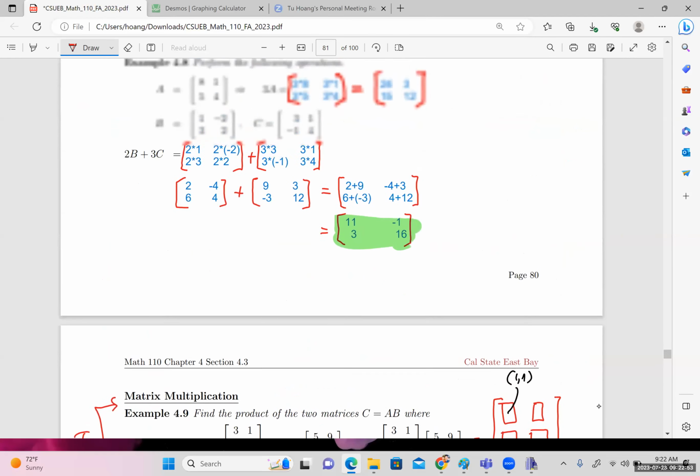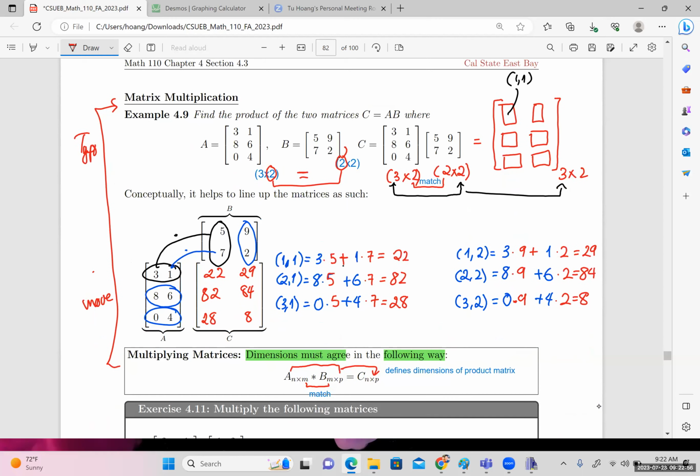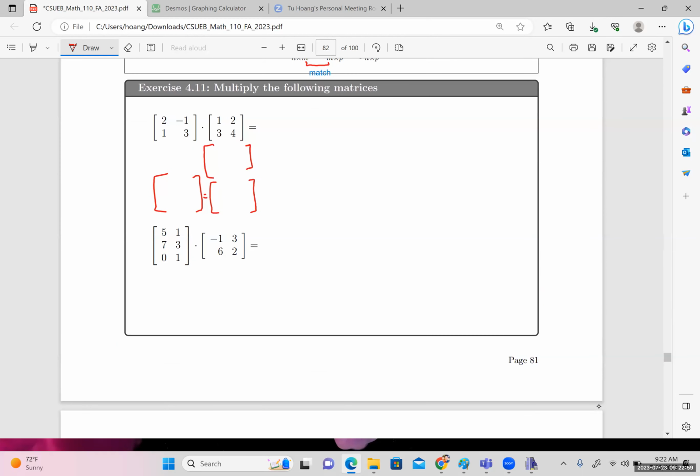Let me see. So 2, -1, 1, 3, right? And this 1, 2, 3, 4. I don't really want to write the equation here. Okay, so this is like a draft. I want to go like that. 2 times 1. Maybe I'm going to make it bigger a little bit. 2 times 1.